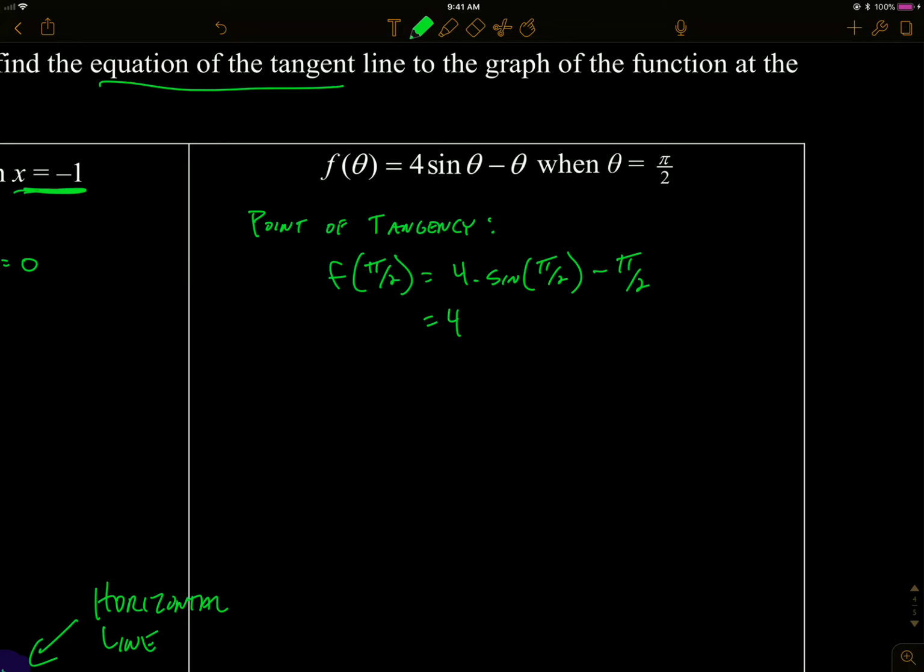So that's going to be equal to 4 times sine of pi over 2 is 1 minus pi over 2. I'm getting 4 minus pi over 2. That is our y value. So I'll write my point of tangency as pi over 2 and then 4 minus pi over 2.